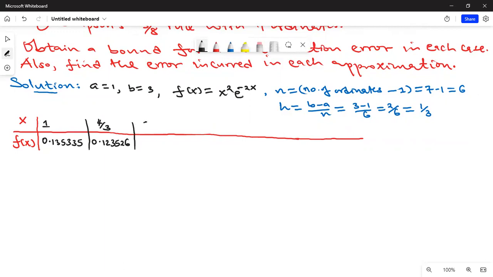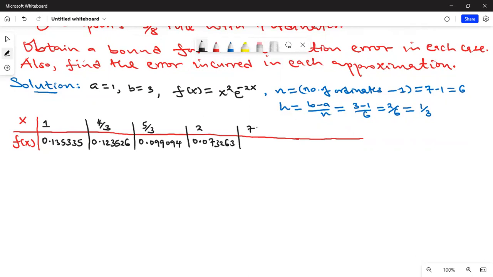The next is 5 over 3. We are just adding 1 over 3, that's the step size. This will give you 0.099094. Go to 6 over 3, which is 2. That should give us 0.073263.